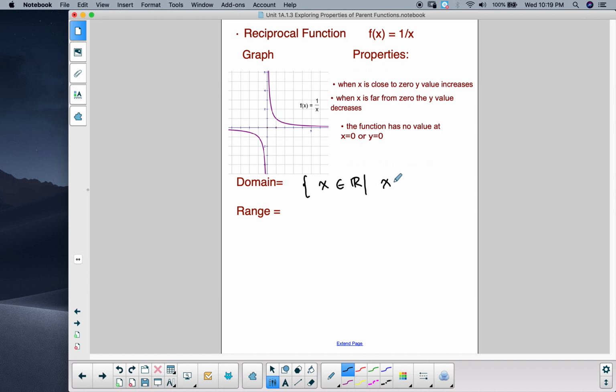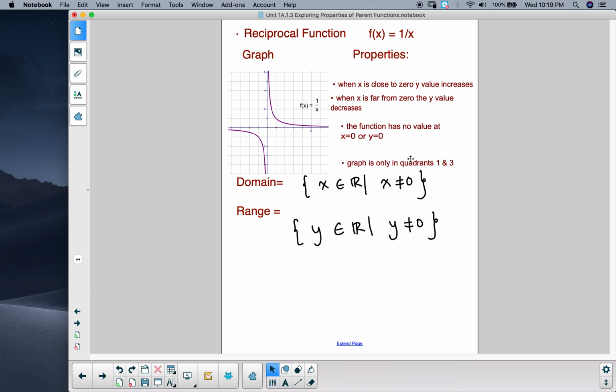It can never be 0. And for the range, y can be any real number, but it will never take on a value of 0. I think there is also one more property, which is that the graph is only in quadrants 1 and 3.